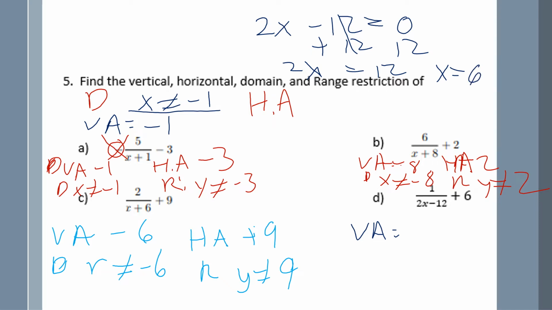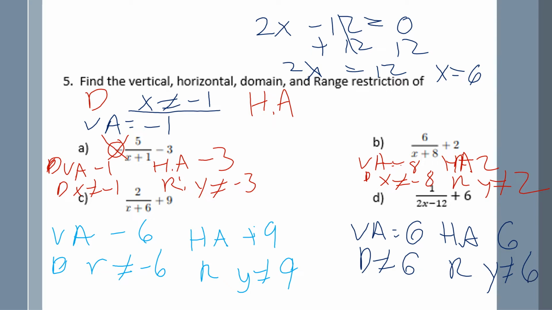So essentially, x cannot equal 6 here, because if it does, it becomes undefined. So that means my VA is 6, and my domain cannot equal 6. HA is 6. R being the range, y cannot equal 6.